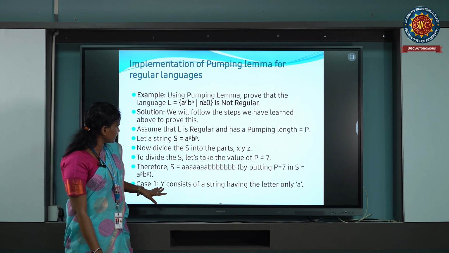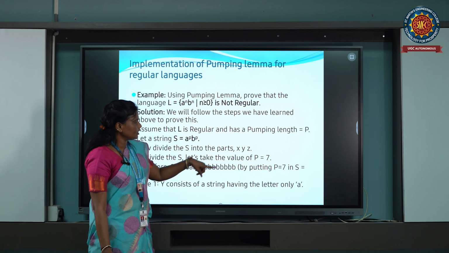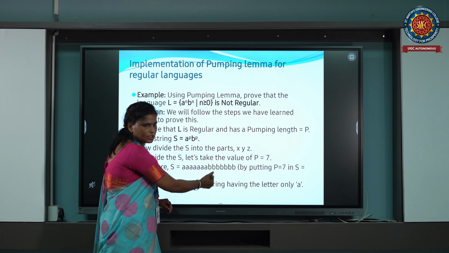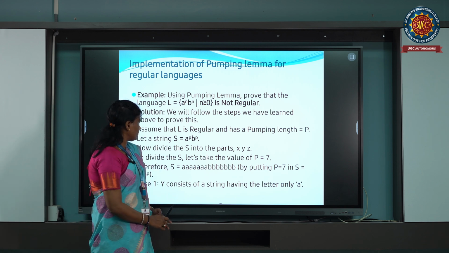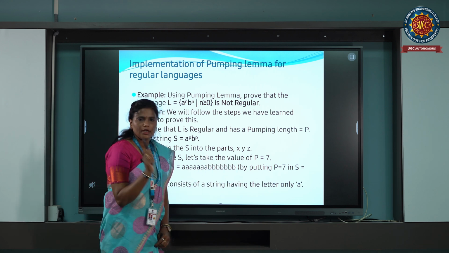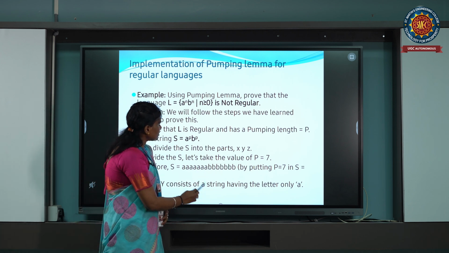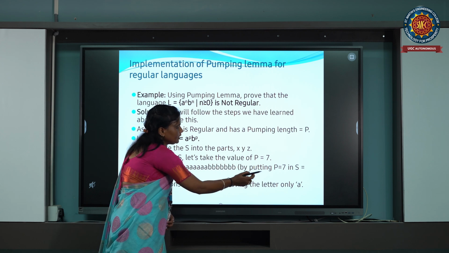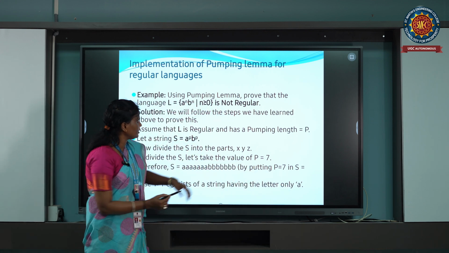Why do we divide the string into three parts, x, y, z? Whatever string we get, we divide into three parts. Then we take the first case. What is the first case here? Y consists of only the symbol a. That means whatever way x, y, z is divided, the y part will contain only a symbols.